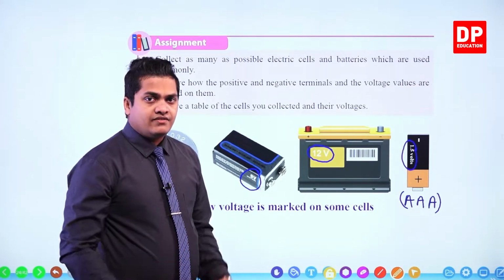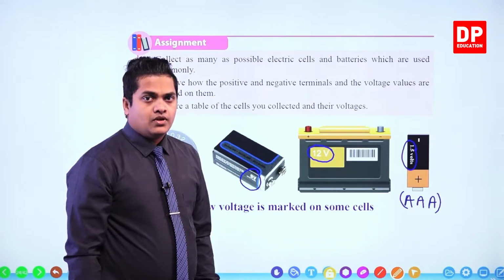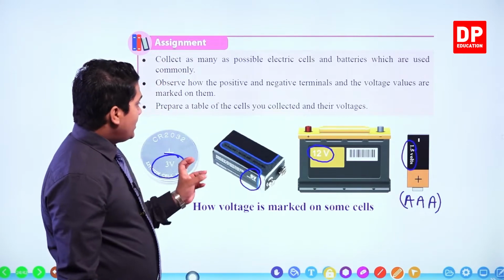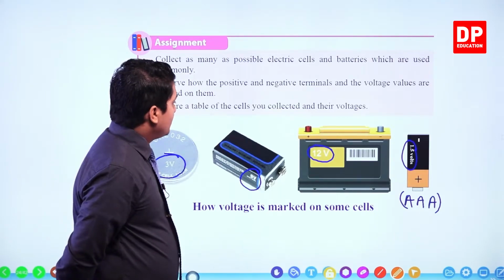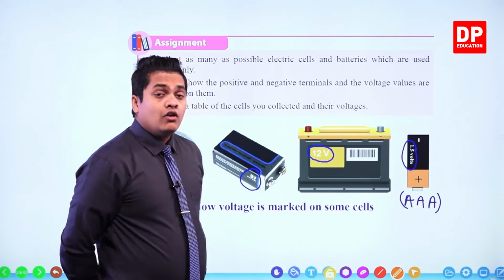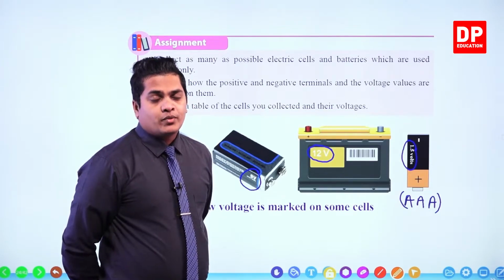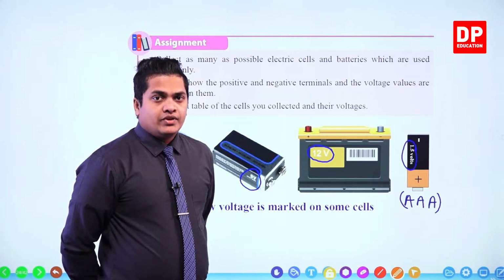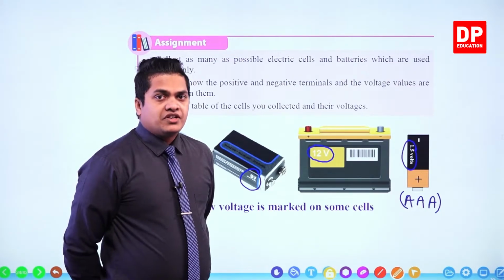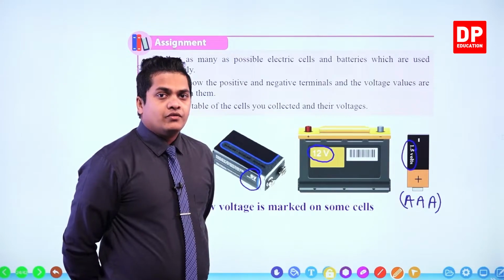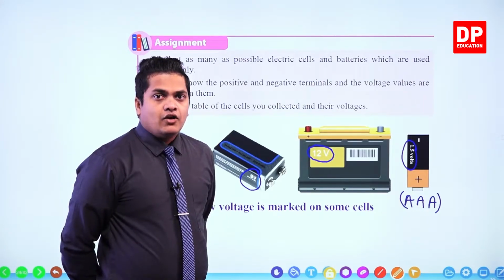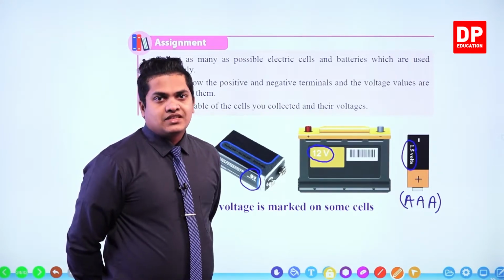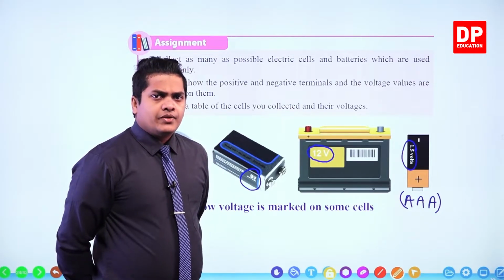You can collect several cells at your home. Prepare a table finally of the cells you collected and their voltages. So at home, my dear children, you continue with this assignment. Find different cells. You can visit your relatives, or else you can collect several things at your home also, right?